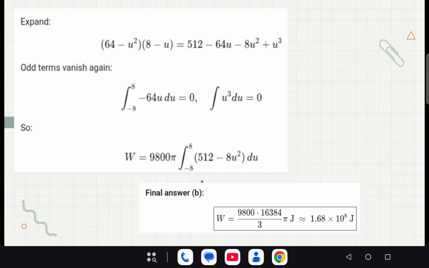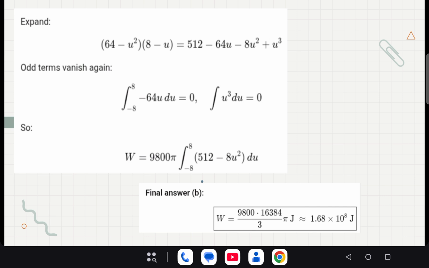To expand, we get the quantity 64 minus u squared times the quantity 8 minus u equals 512 minus 64u minus 8u squared plus u cubed. The odd terms vanish again.